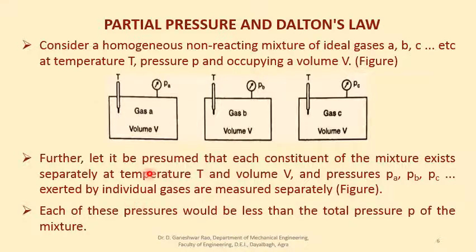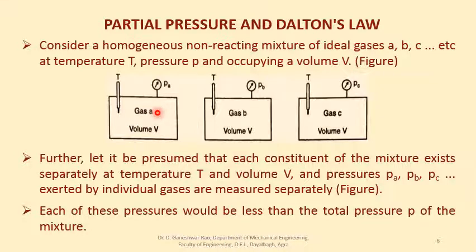Now, what will happen if we remove all the components from the mixture and only keep one component in the same volume? Then the pressure will be reduced, because initially when the mixture was present in this volume, the pressure exerted corresponded to all the gases, or the pressures exerted by individual gases, right?